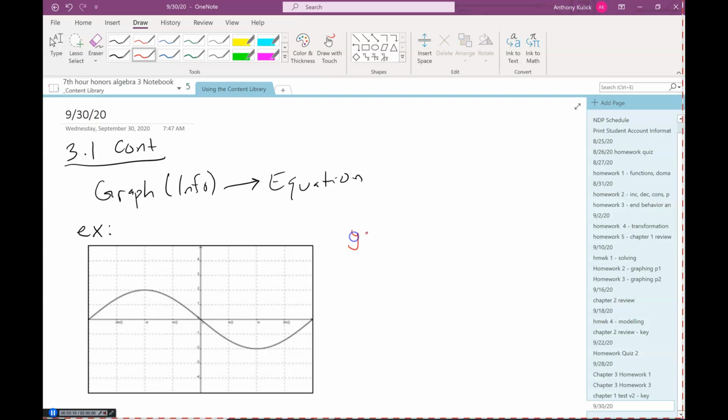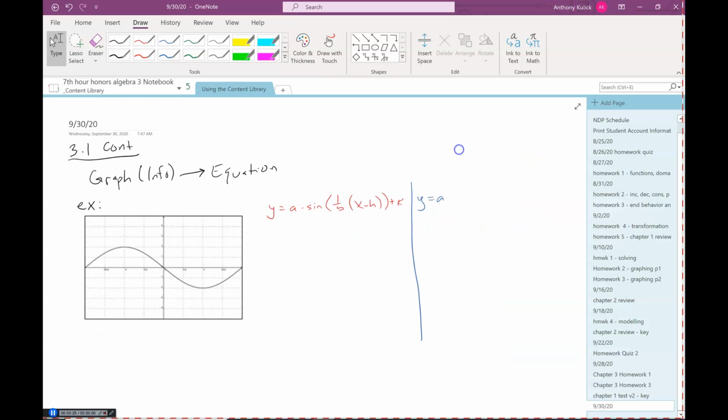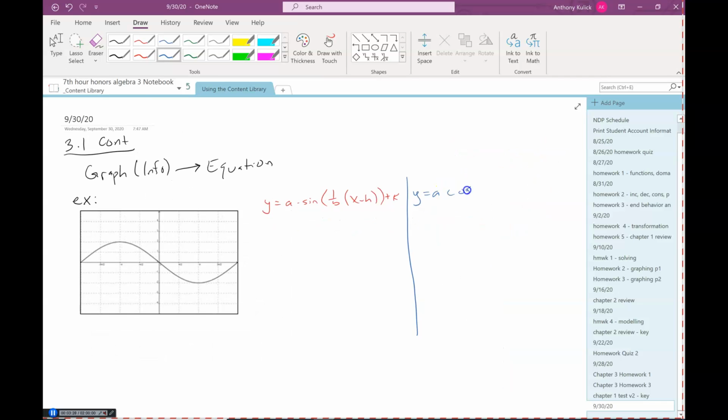So our goal is going to be to write something in this form, or an equation in this form.